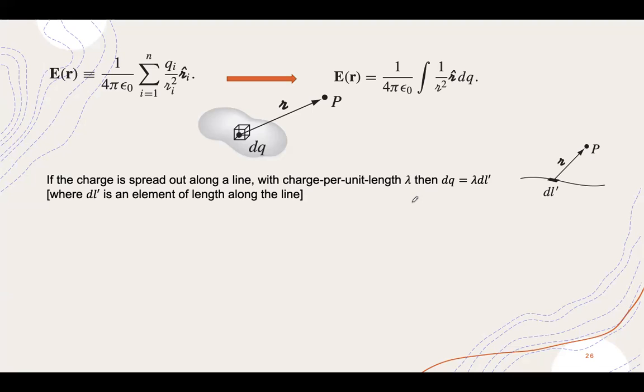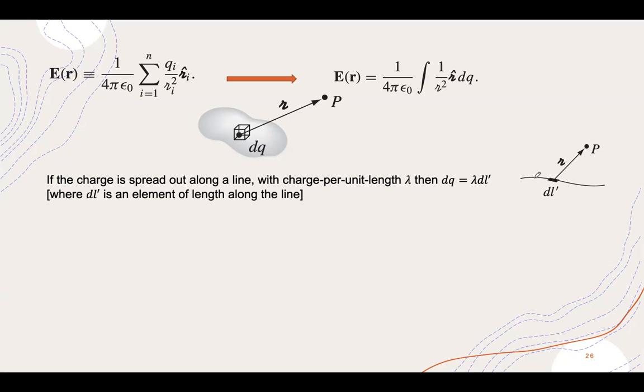As the name suggests, this is charge per unit length, so lambda is defined as coulomb per meter, for example. Therefore dq for a line charge is defined as lambda times dl prime, where dl prime is an element of length along the line, which you can see in this figure.